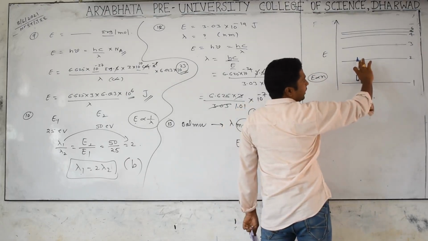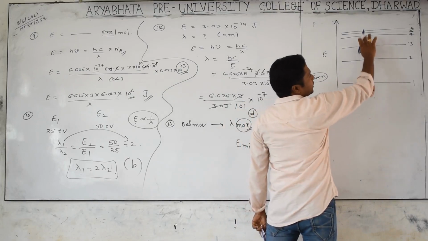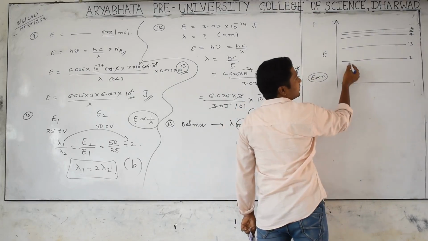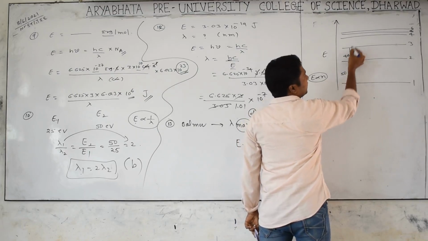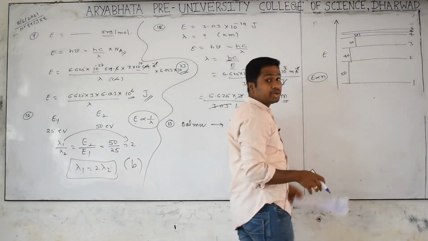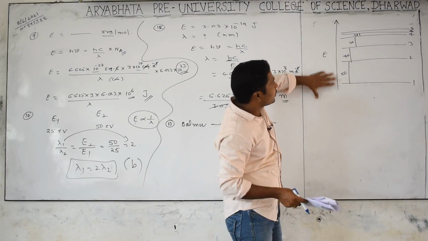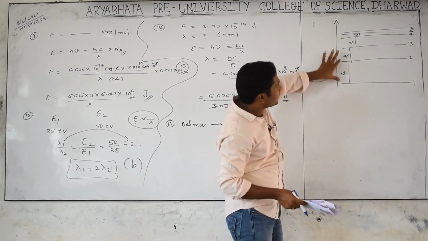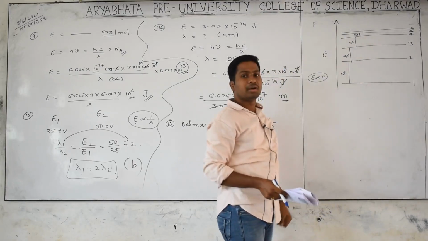But while going away from the nucleus, the energy gap between two successive energy levels keeps decreasing. For example, here 50, here 40, here 30, here the gap is only 20. As we go away from the nucleus, energy increases, but the energy difference between successive levels decreases.